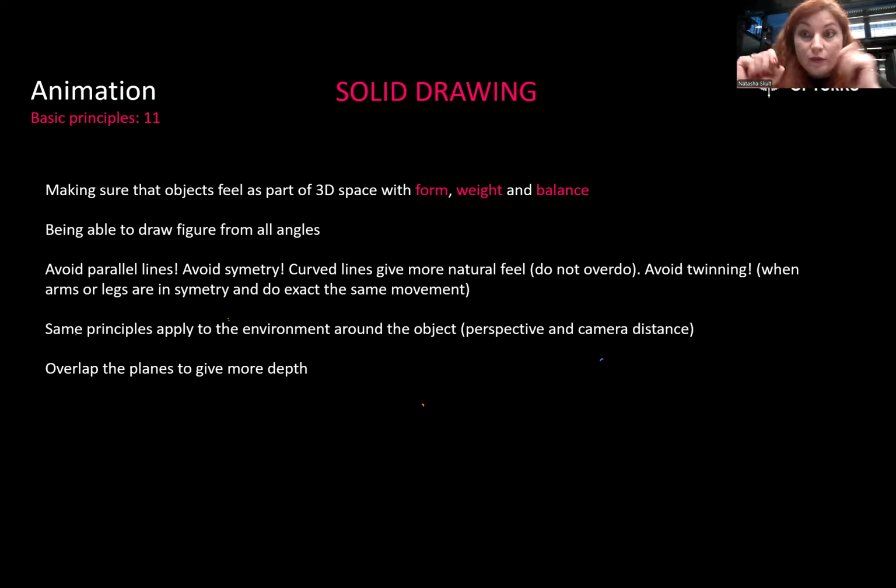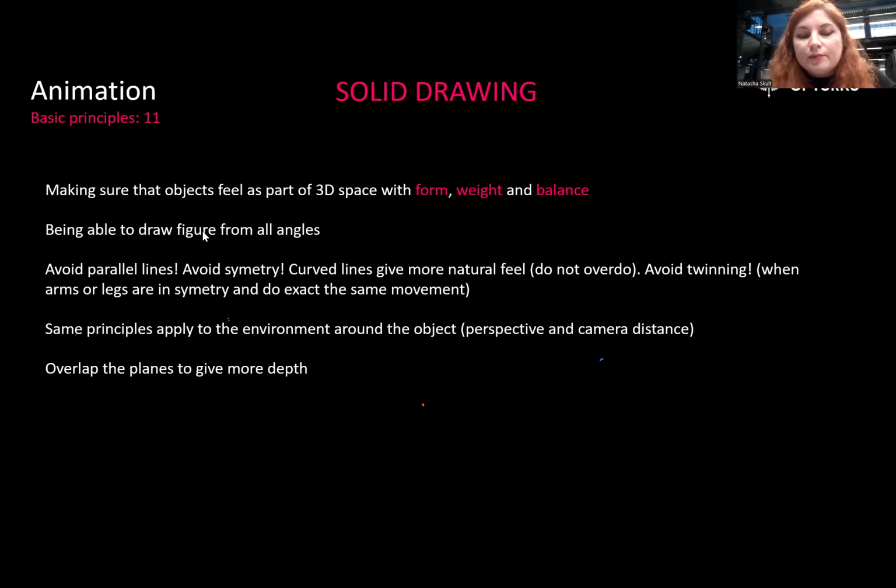Especially in 3D space, with form, weight and balance, we want to make sure it's part of that space and doesn't feel like an outsider. And if you have any shadows, the right shadow has to follow it, because all of this has to follow the movement.